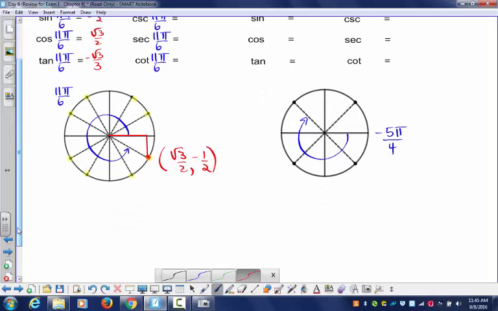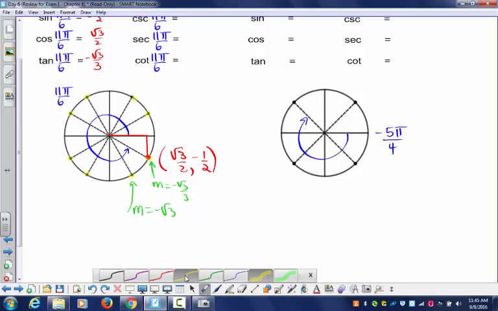So one thing I pointed out was that the slope of this is minus root 3, and the slope of this terminal ray is minus root 3 over 3. What I think about is that this terminal ray is the steep one, and the steep one is going to have a slope of either positive root 3 or negative root 3, depending on which one you're on.